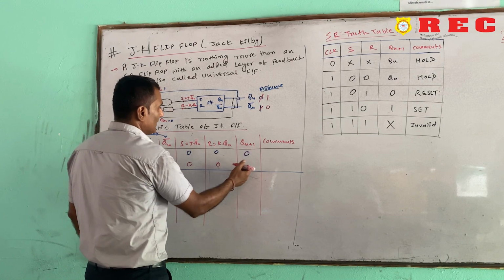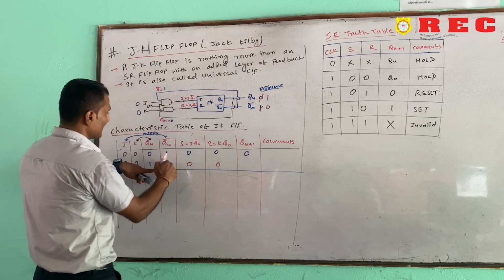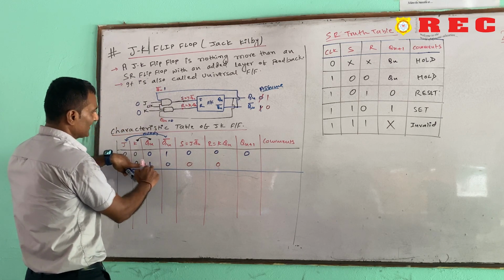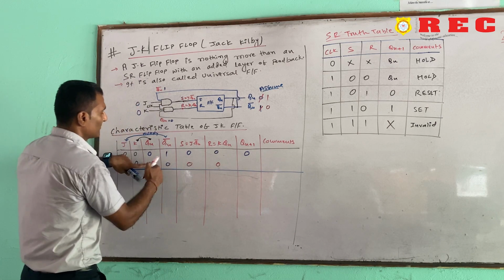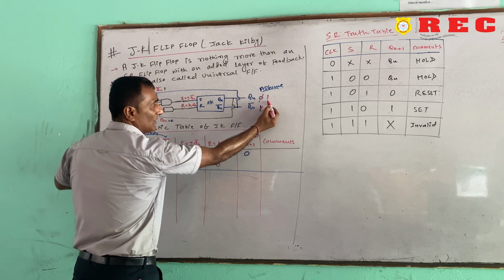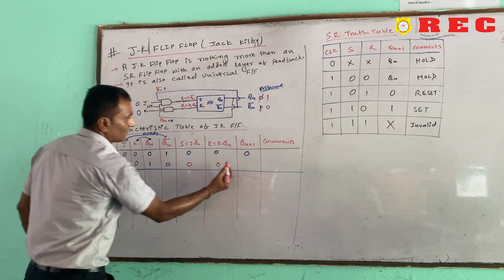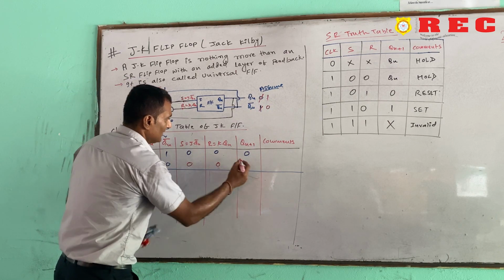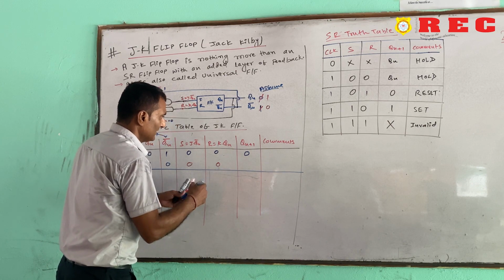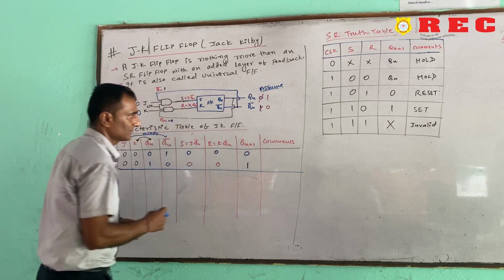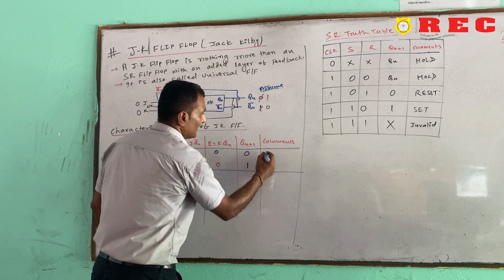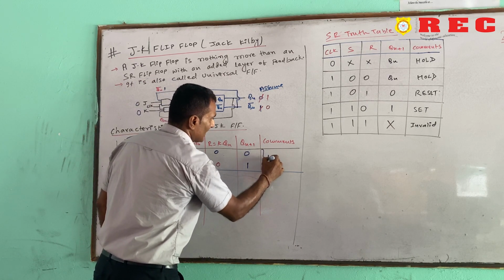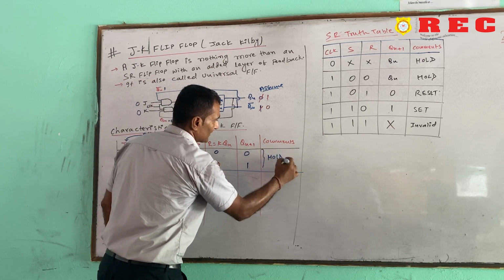So what was the next state? The next state is 1, because we assumed Qn is equal to 1, so the output will be 1. We can say both of these conditions are the hold condition.